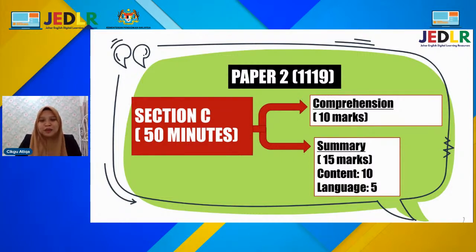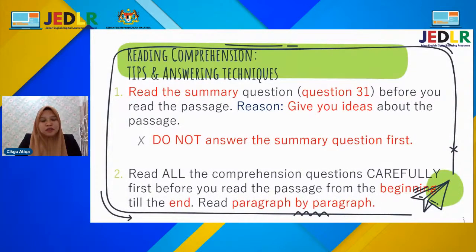Without further ado, let me continue to the tips of answering comprehension questions. The first thing that you need to do when you reach Section C in Paper 2 is to read the summary question first. When you have the question, you go straight to question 31.